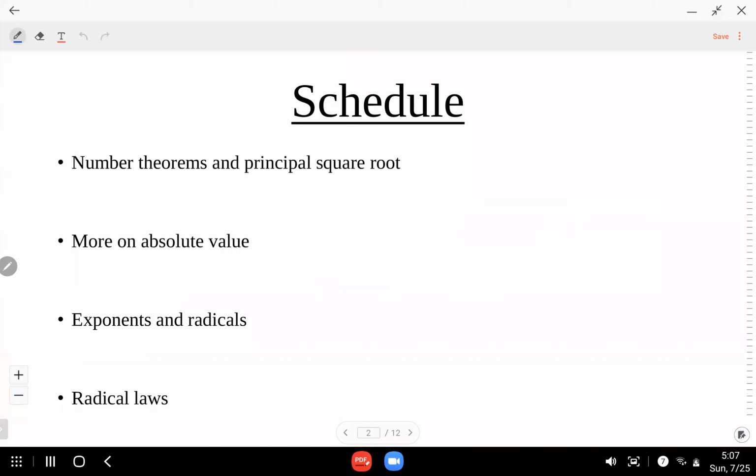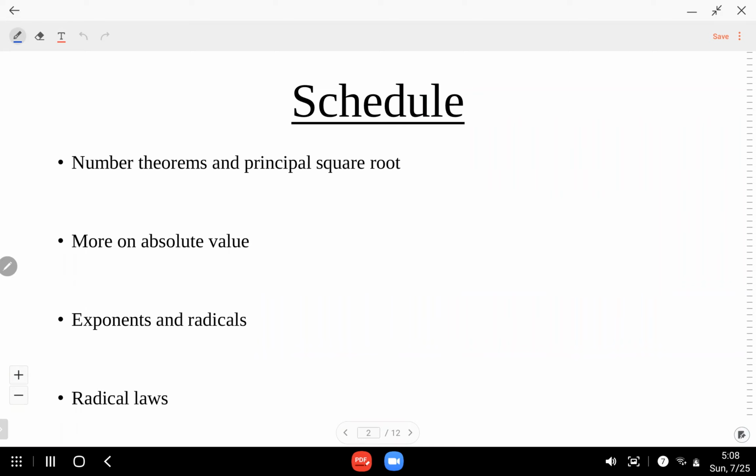Okay, so number theorems and principal square root, that's what we're doing first today. And then I'm going to do some more on absolute value, exponents and radicals, and then radical laws.